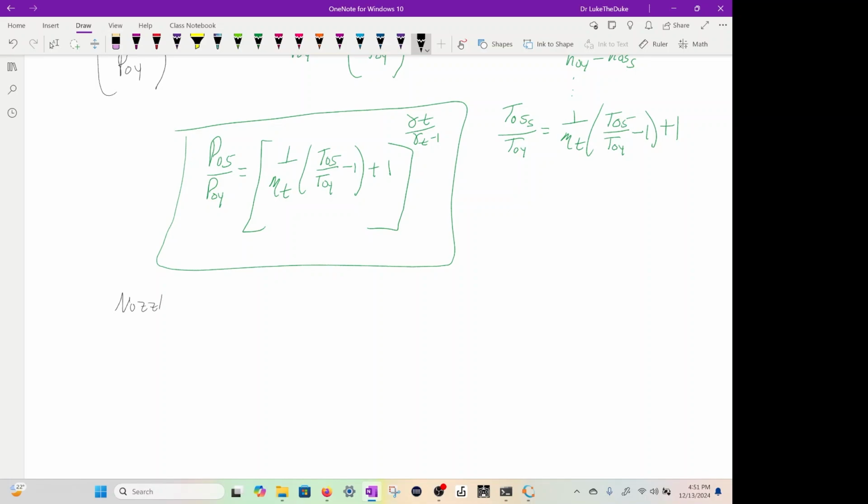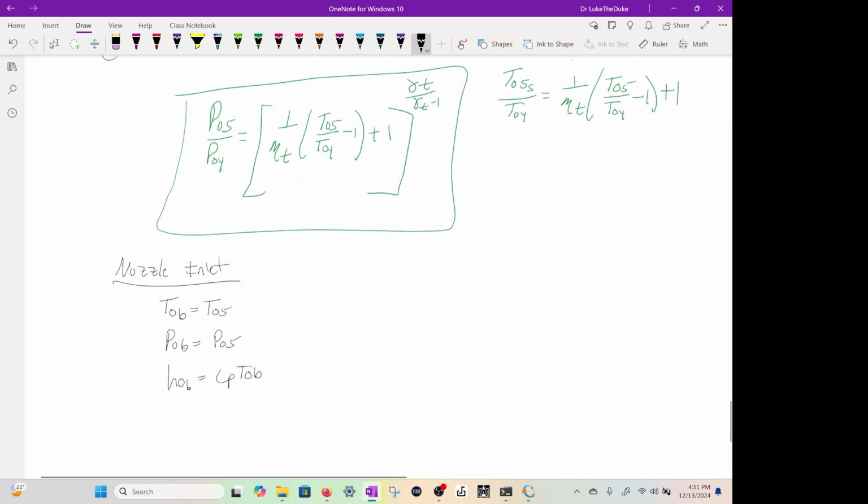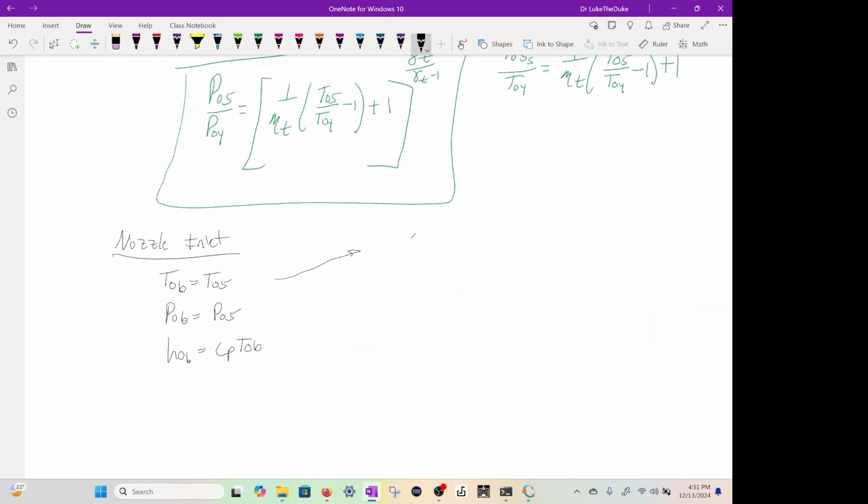Nozzle inlet. So T naught 6 equals T naught 5. P naught 6 equals P naught 5, and H naught 6 equals CP T naught 6. Okay. And then I'll go right here, the nozzle exit, T naught 7 equals T naught 6.